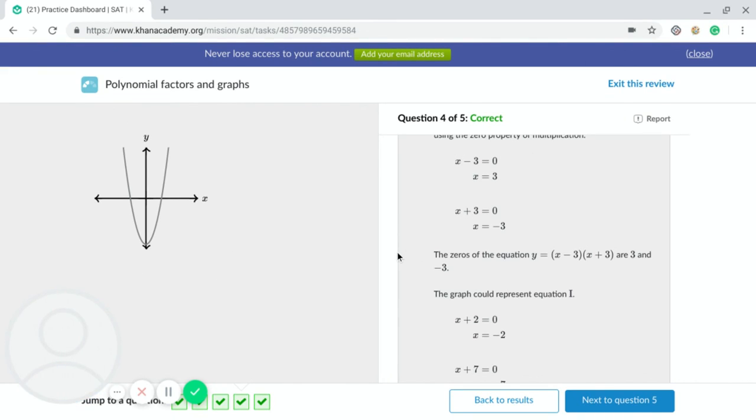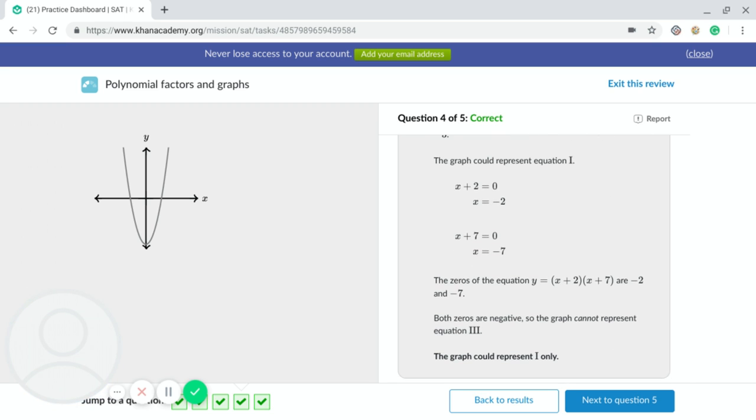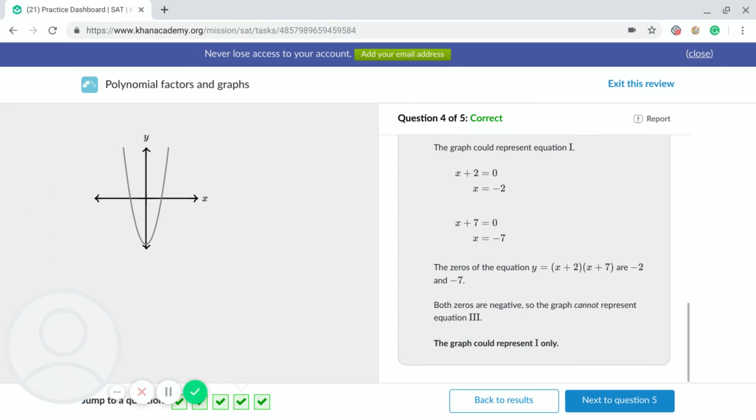Okay, the graph could represent equation 1. The zeros of the third option are 2 and negative 7. Both zeros are negative, so the graph could not represent equation 3. So yeah. So this side is like positive up here and negative on this side, I think.